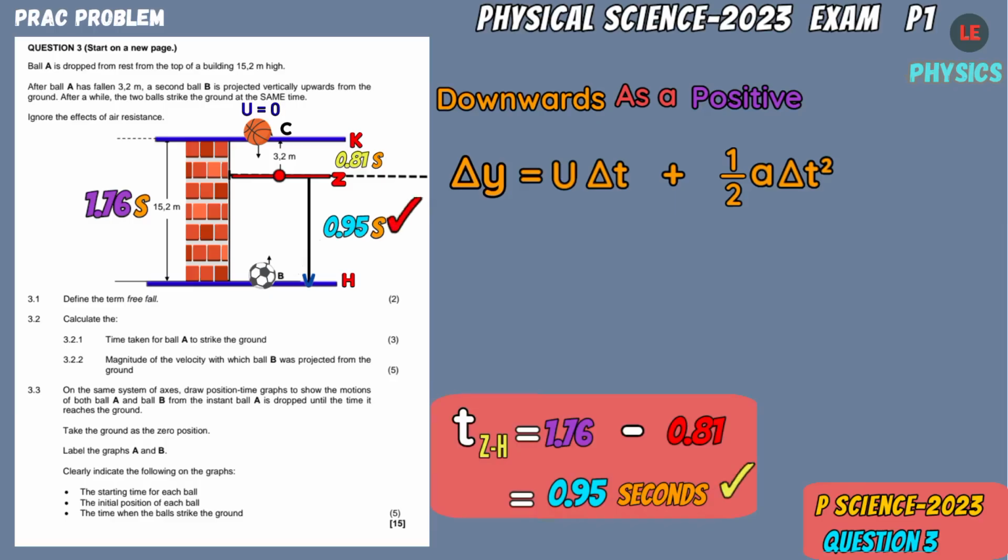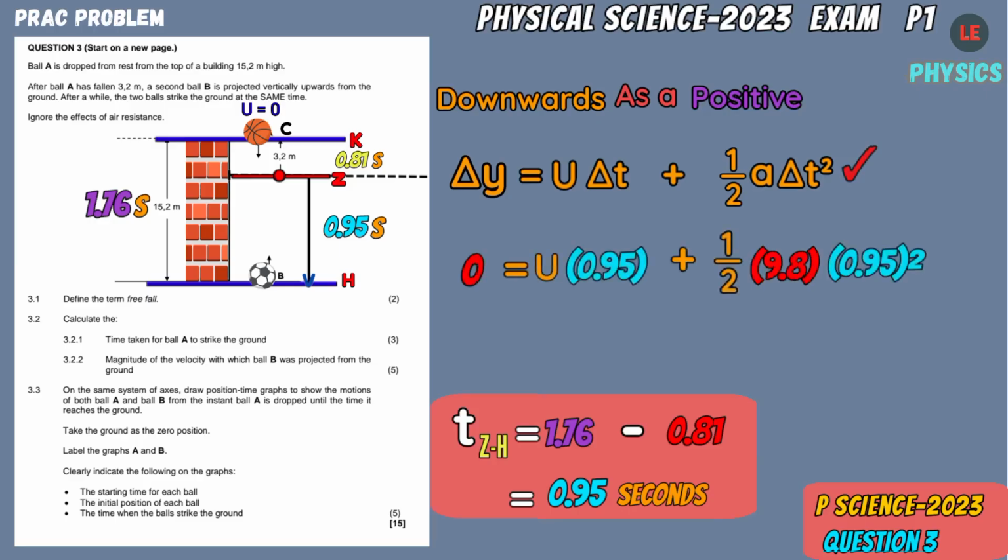Now we fill in this 0.95 on this equation to find ball B's velocity. For the sake of knowledge, when it is moving downwards, initial velocity and gravitational acceleration are positive. As for this scenario, final velocity is 0. By doing so, we get the initial velocity for ball B to be 4.66 meters per second.